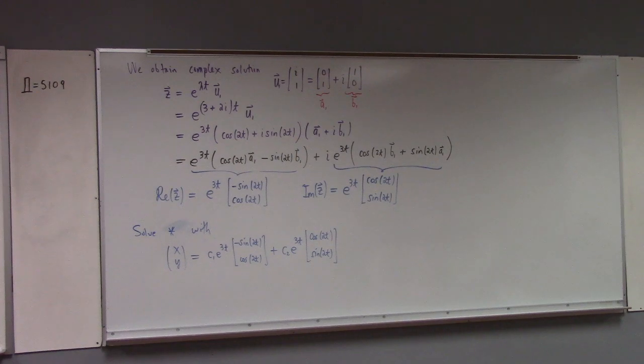What's the difference between this and the real case? What if I have a 2 by 2 system which has two distinct real eigenvalues? How does that problem differ from the one we're looking at here?